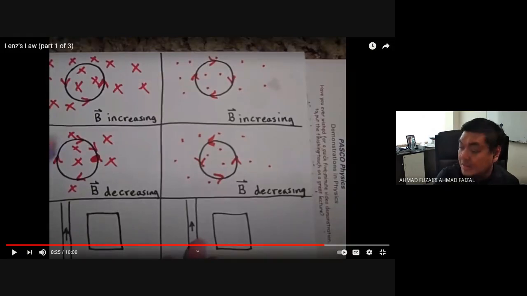But if there is an increase in the magnetic field, we need to oppose that increase so that you will have a stable value. So that you will always oppose, so it will decrease back. Okay. So this is a very good example of how to determine the induced current. Okay. So let me stop this one first.